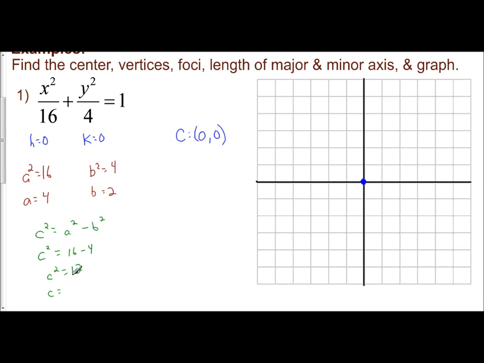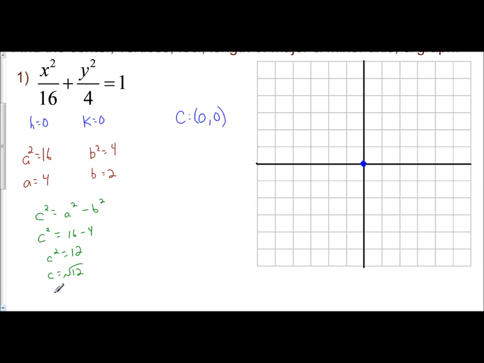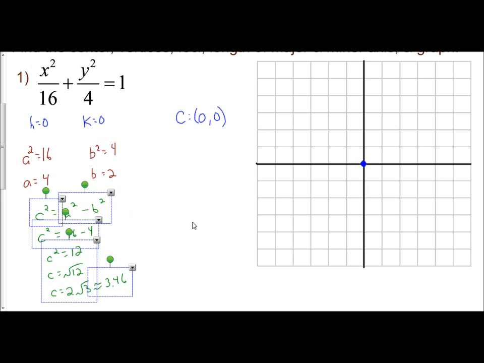So c is the square root of 12, which is 2 square root of 3, which is approximately 3.46. So c involves some work, but I know my a, I know my b, I know my c, I know h and k. I'm done.